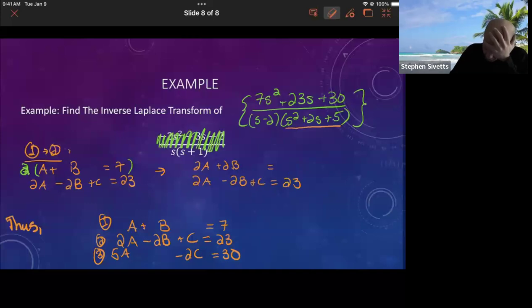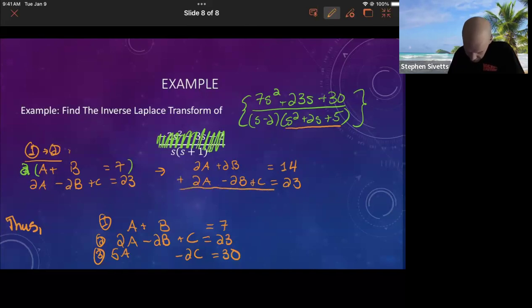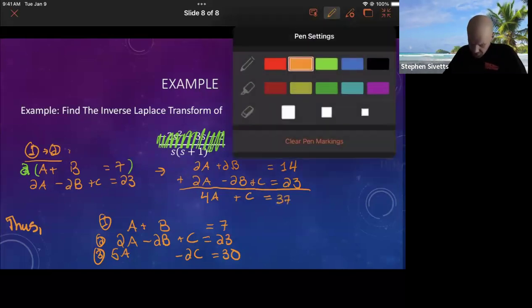This number here is 14. Now, if I add these terms together, I'll have an equation in terms of a and c. So we'll have 4a plus c is equal to 37.